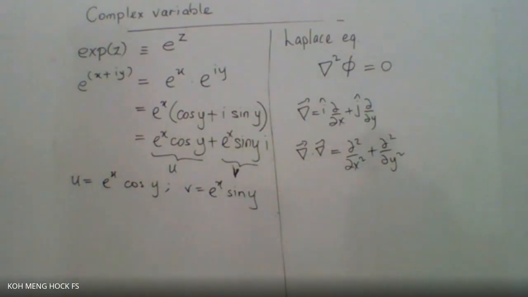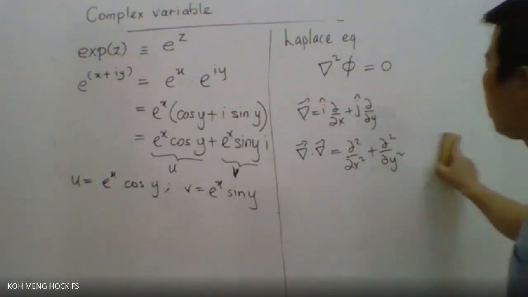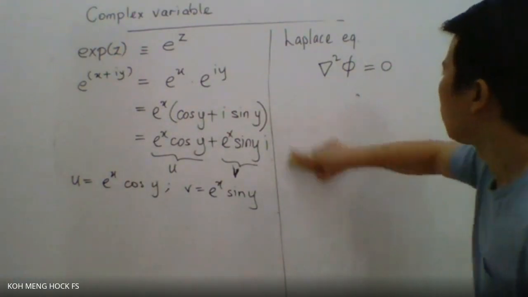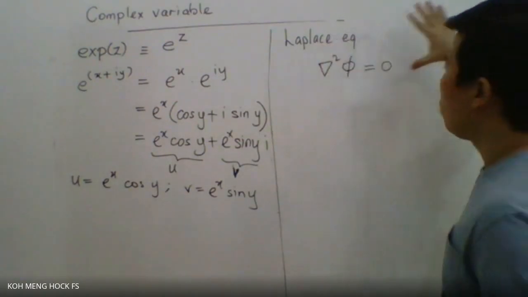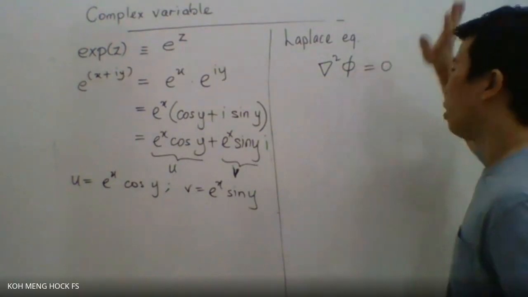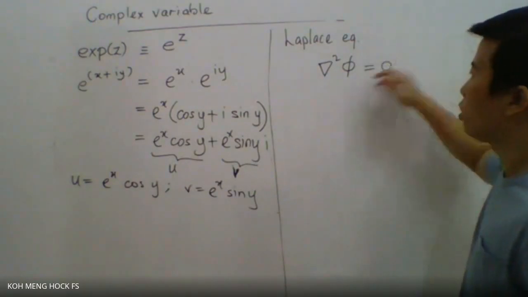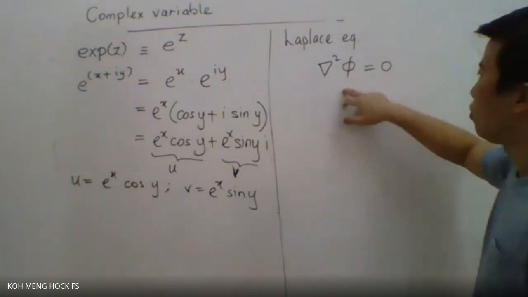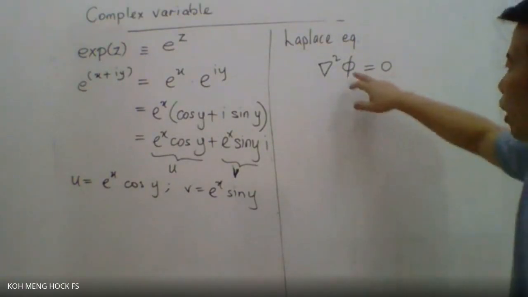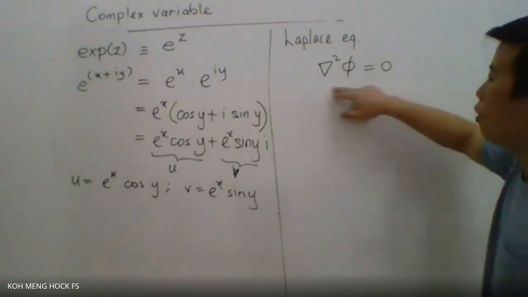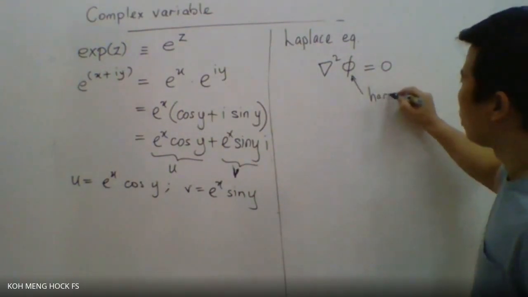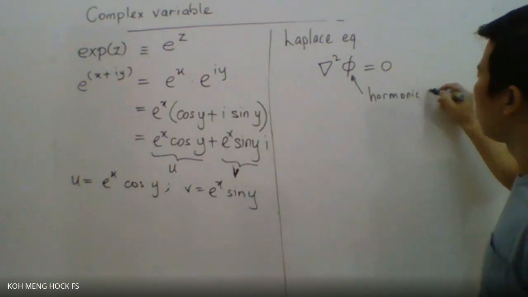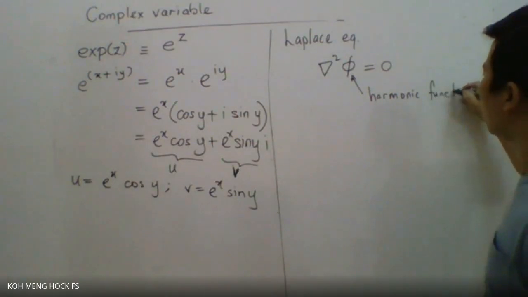So let me just write this one. Let me repeat. This is the Laplace equation, where you take the Laplacian of this function and it equals 0. So any function that fulfills this Laplace equation is a harmonic function.